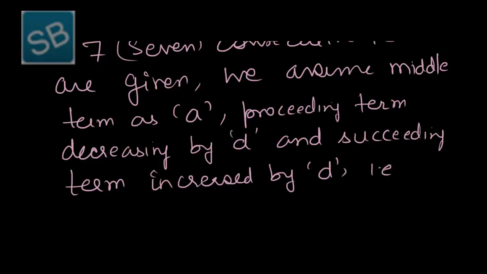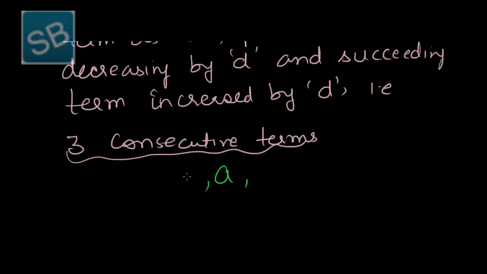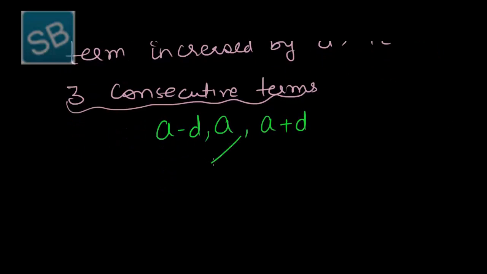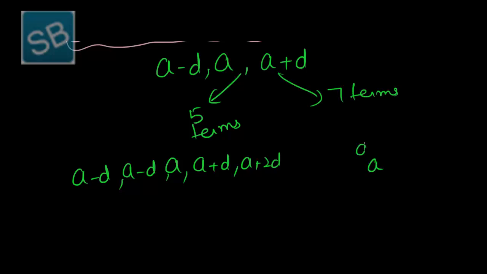That is, if we're talking about 3 consecutive terms, the middle term is A, the preceding term is decreased by D and the succeeding term is increased by D. If we're talking about 5 terms, it becomes A in the middle, A plus D, A plus 2D, and A minus D, A minus 2D. And for 7 terms, it becomes A plus D, A plus 2D, A plus 3D and A minus D, A minus 2D and A minus 3D.